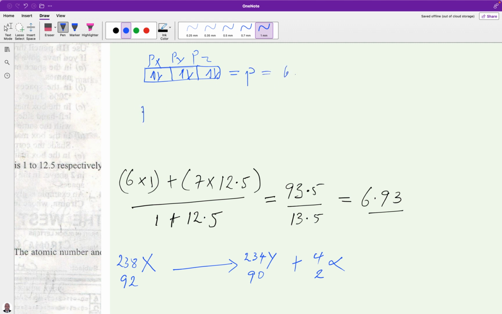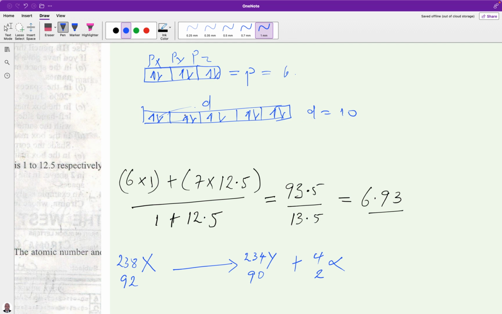The D orbital, again, this is the D orbital. Each has electrons spinning in opposite directions, so it has a total of 10 electrons.